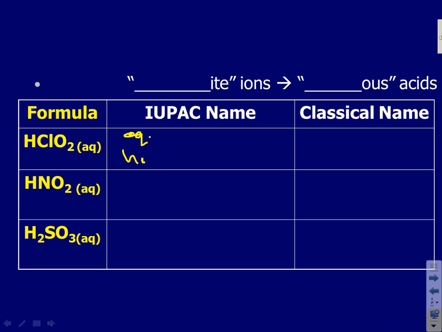Aqueous hydrogen, and then we just have to name that thing on the end. Again, you've got the periodic table with the chart on it. You're just scanning up and down to find what the name of that thing is. ClO2.